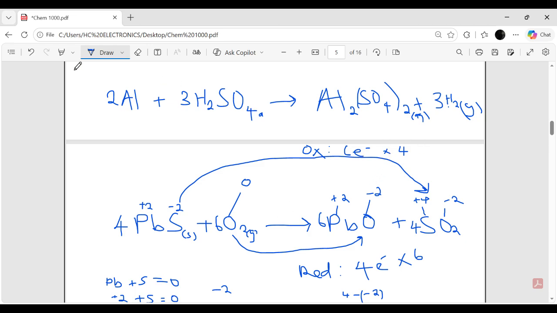Or maybe let's change the factor which we've multiplied it with. Let's change the factor. Let's use a smaller factor. So here you have 6 electrons, here you have 4 electrons. So for us to change this to, for example, you have 6 electrons.